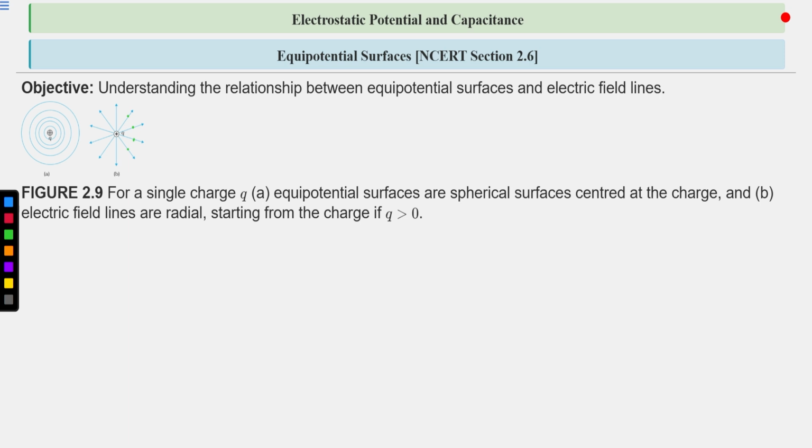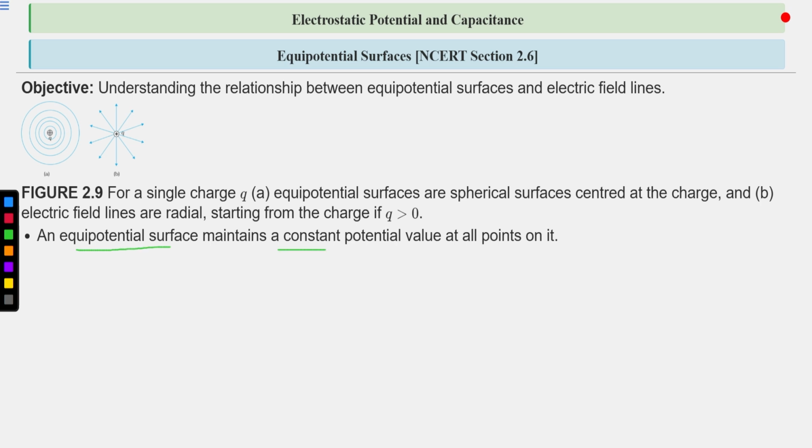Now we will also see the relation between equipotential surface and the electric field. What it means. Okay, firstly we will see this. An equipotential surface maintains a constant value at all points on it. This thing I have already mentioned, that an equipotential surface maintains a constant potential at all points on it.